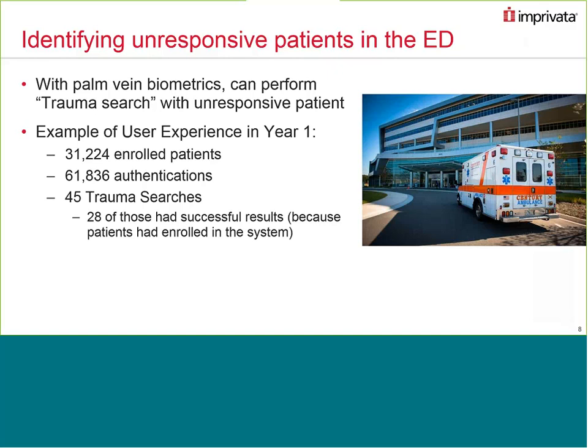So deploy it in your ambulatory environments where your patients are, a more controlled environment. Increase that database, and when they start showing up, or should they show up in the emergency room, they'll have been enrolled, and that's what allows them to be drawn into that trauma search and helps you identify that unidentified patient that Chris was talking about.